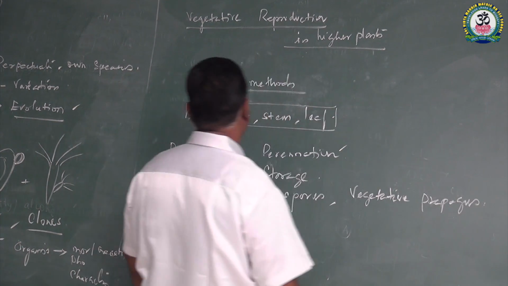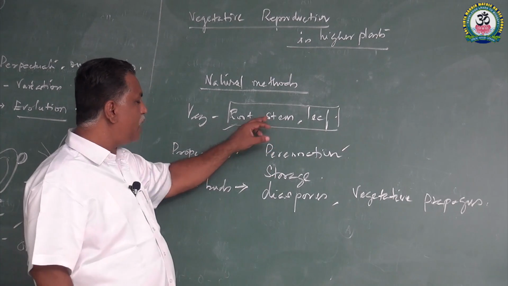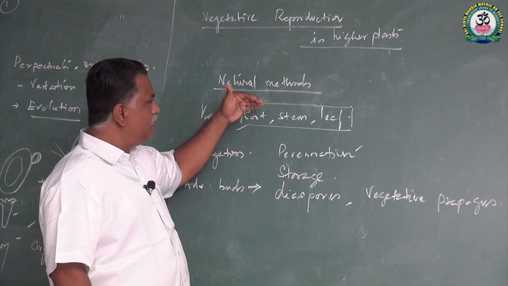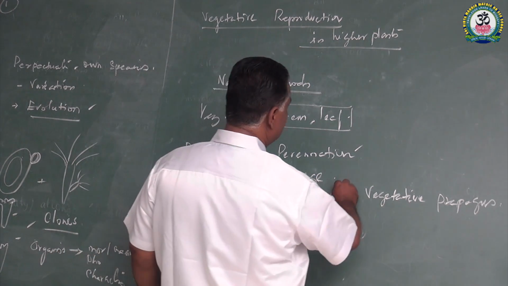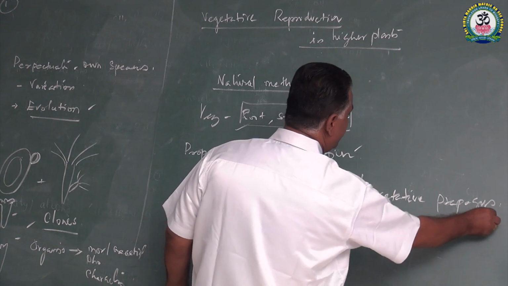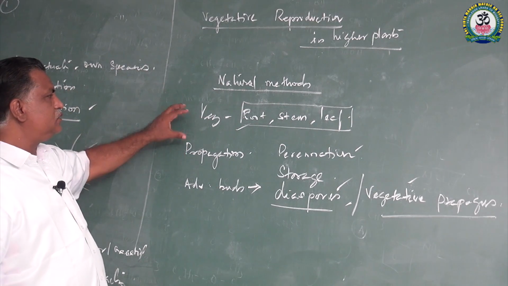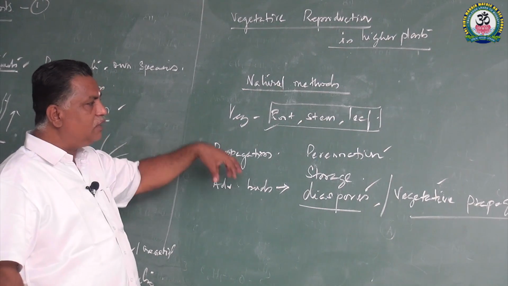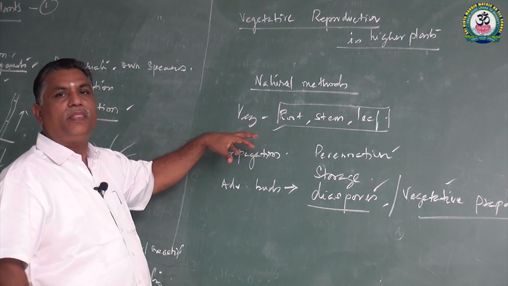Any structure of the root, stem and leaf involved in propagation of the next generation, propagation of the plant, is named as diaspores or vegetative propagules. So in natural methods, root, stem, leaf are involved by themselves without any external stimuli.